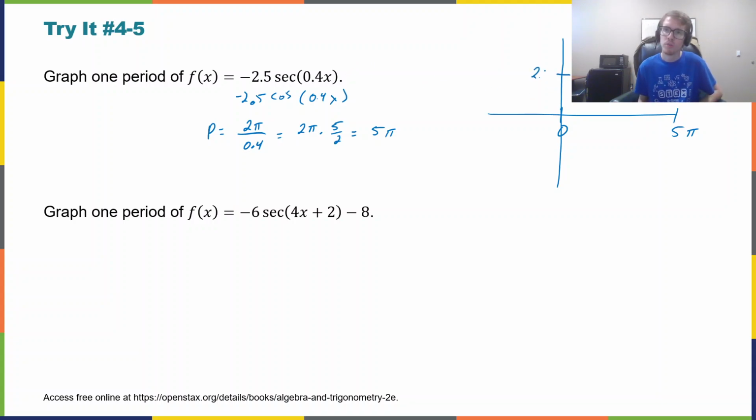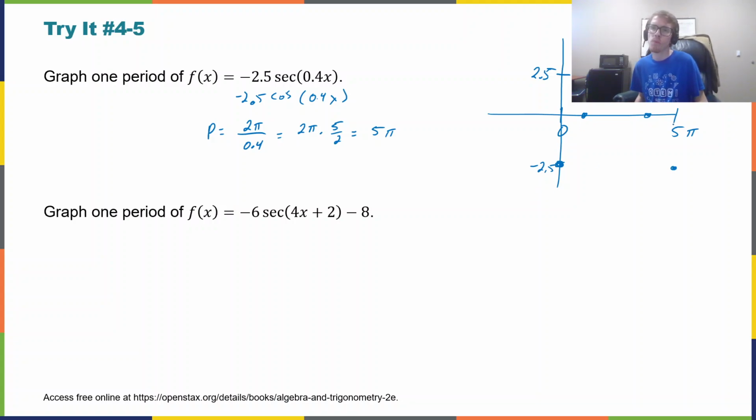So I'll put 2.5 to minus 2.5 on my y-axis. And since it's reflected, the cosine will begin at negative 2.5. It will move to a midline, to a maximum, to a midline, to a trough.